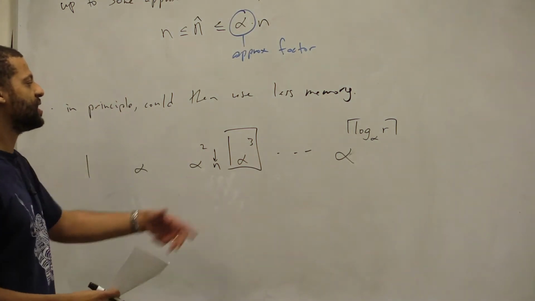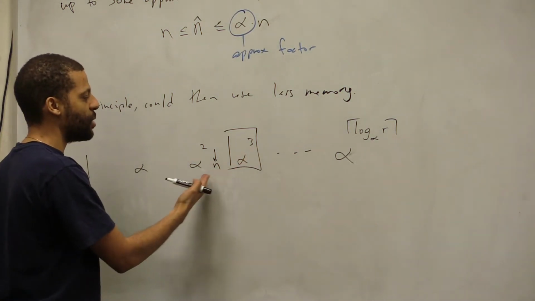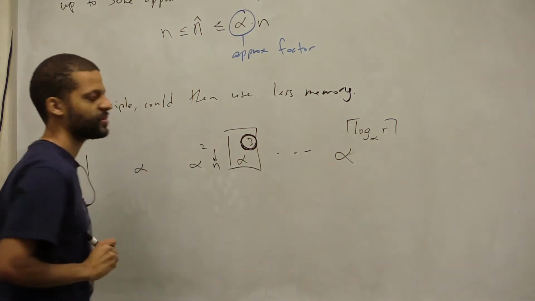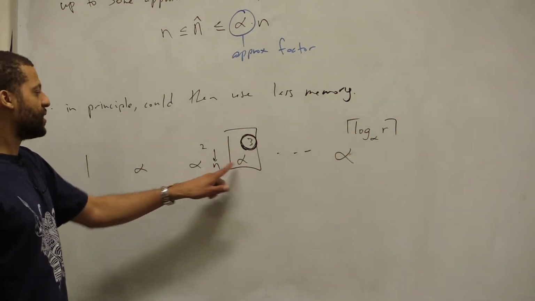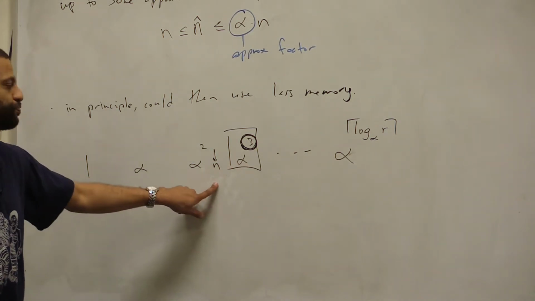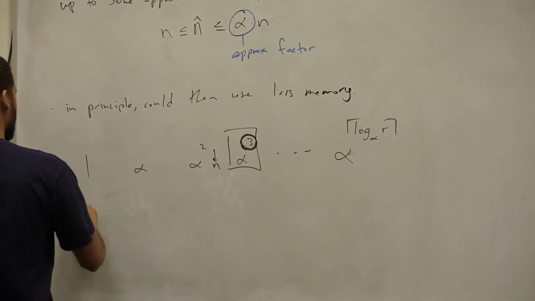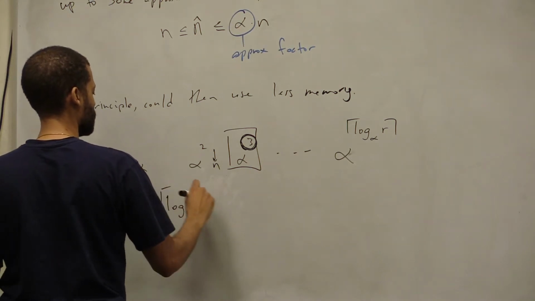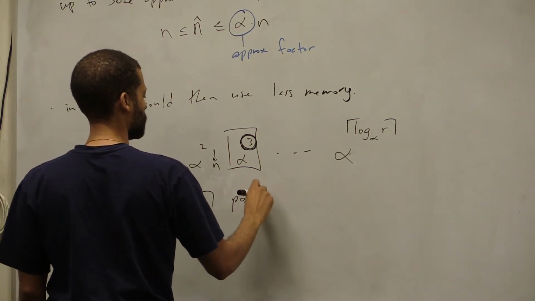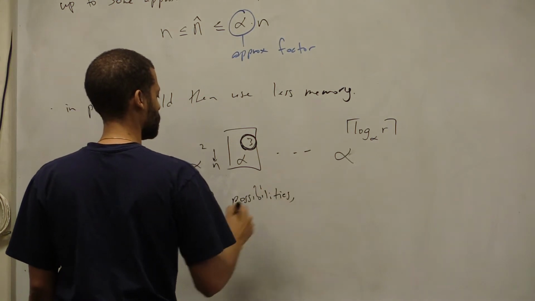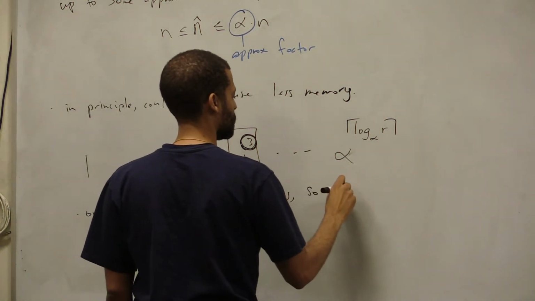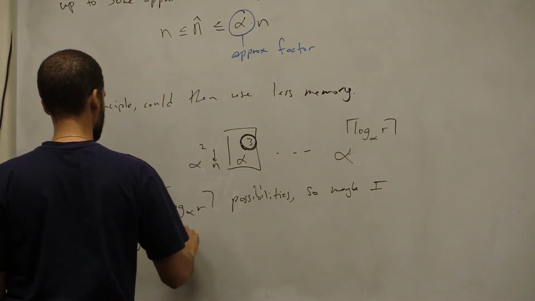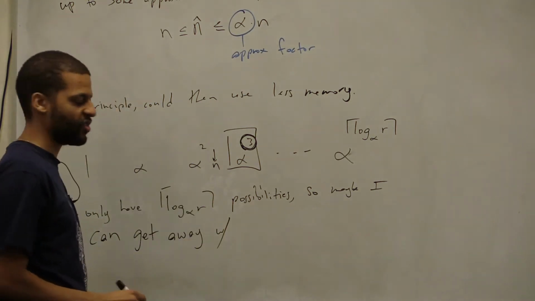And in fact, I don't need to return this number, because I know that I'm always going to return a power of alpha. I can in fact just return the exponent. Right? So alpha cubed is definitely in this picture within a factor of alpha of n. So I only have log base alpha of r possibilities, so maybe I can get away with log of that number of bits.